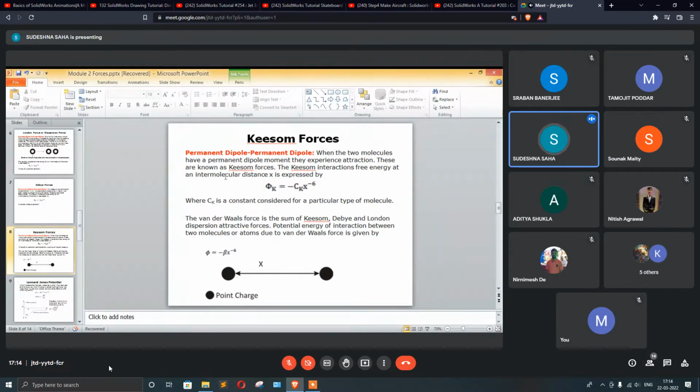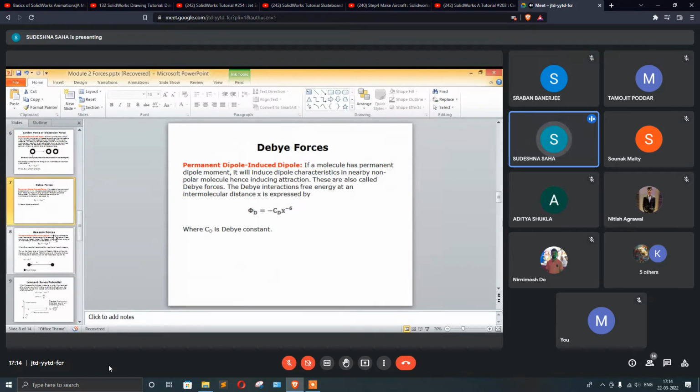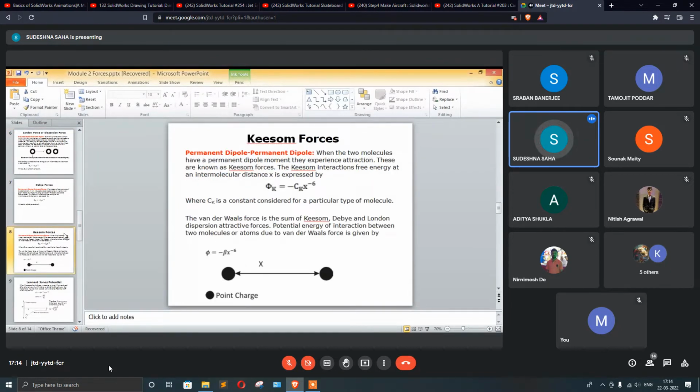If you look at these three forces, every one has an exponent of x to the power minus 6. If you sum them up, you obtain this general equation, phi equals minus beta into x to the power minus 6, where beta is a constant which involves the constant from each of these interactions.